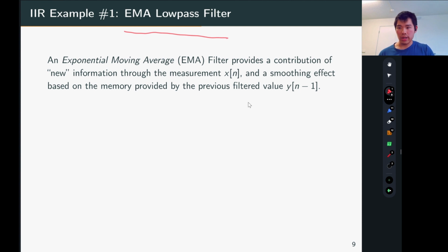EMA stands for exponential moving average. So the moving average is exponential. It provides a contribution of new information through the measurement x of n and a smoothing effect based on the memory provided by the previous filter value.